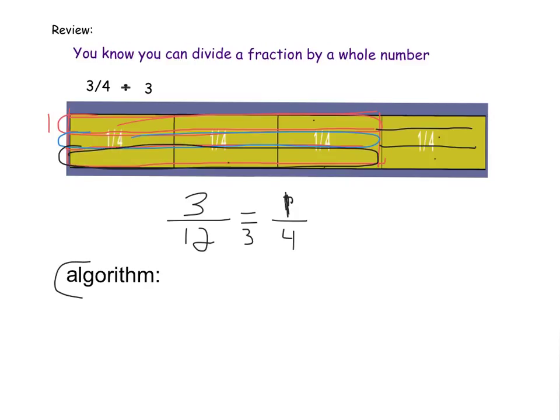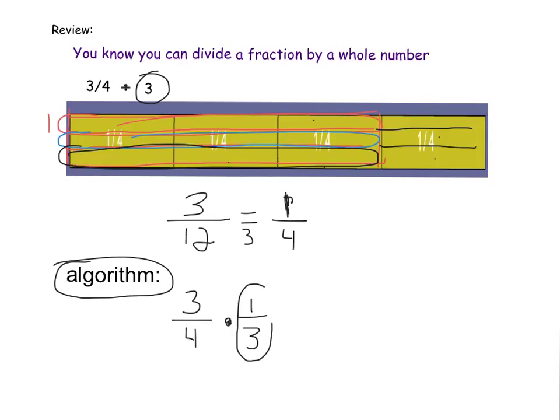Now, let's talk about the formal algorithm. We've been doing that, but today we're going to make it a little bit more formal. The algorithm just means the rule. We can also think of this as 3/4 times 1/3. We talked last week about how we can flip that number.